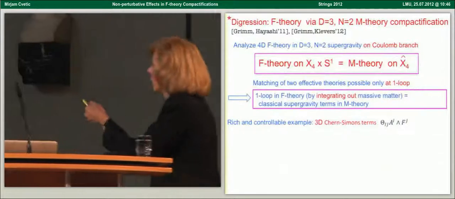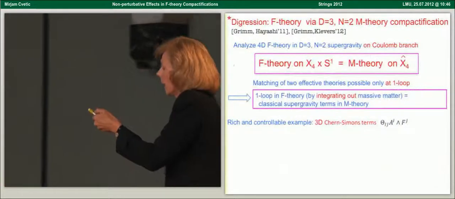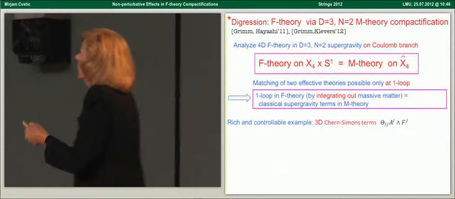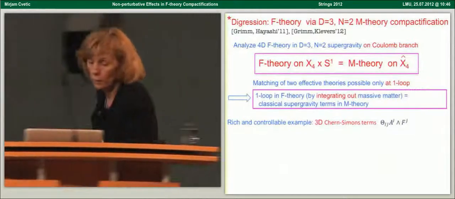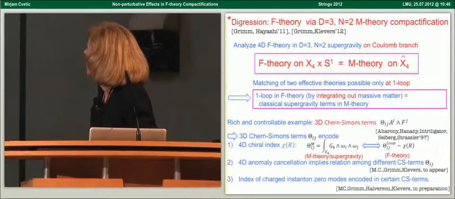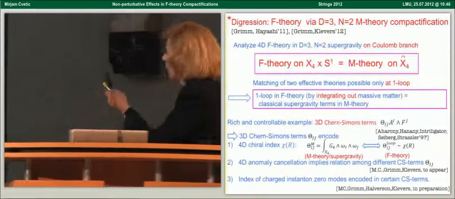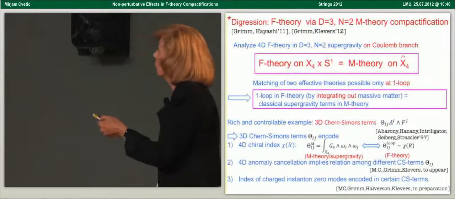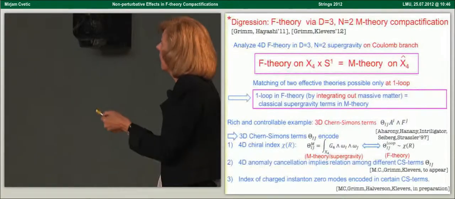And there is one very rich structure related to getting information from direct M-theory calculations, which has to do with the 3D Chern-Simons terms, whose coefficients encode tremendous information about the properties of the dual F-theory.